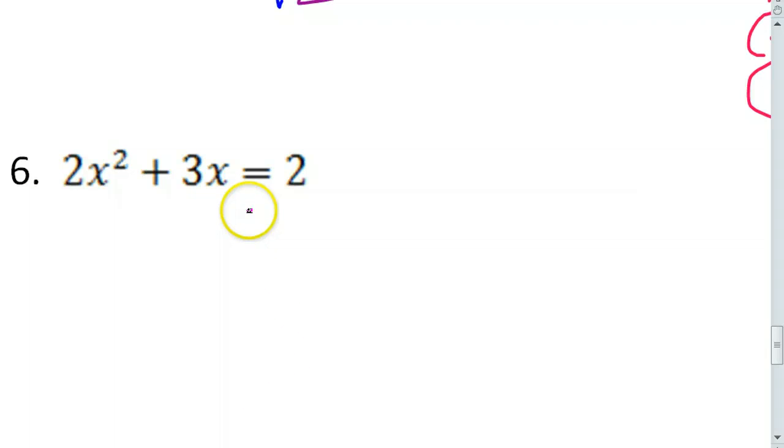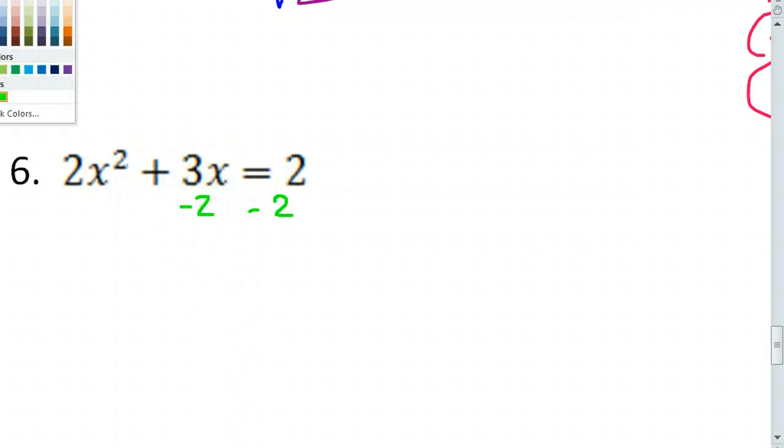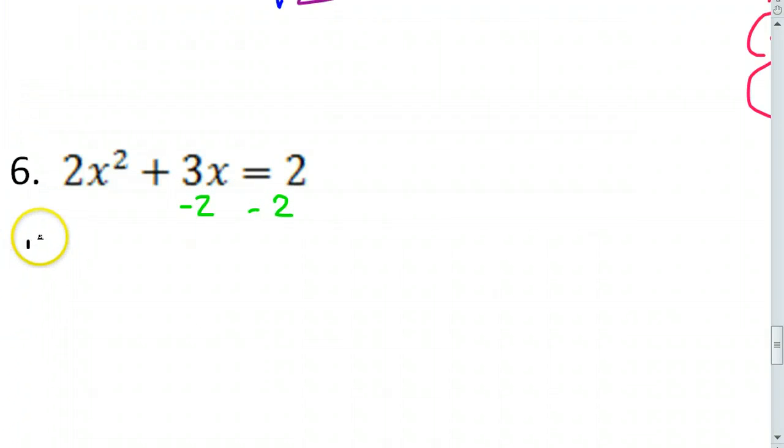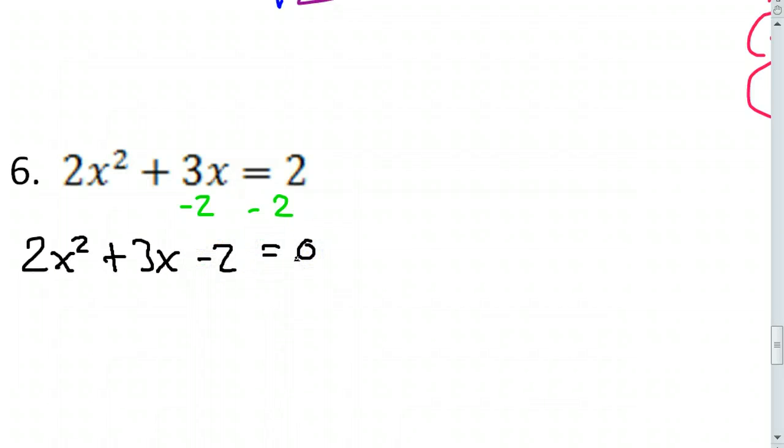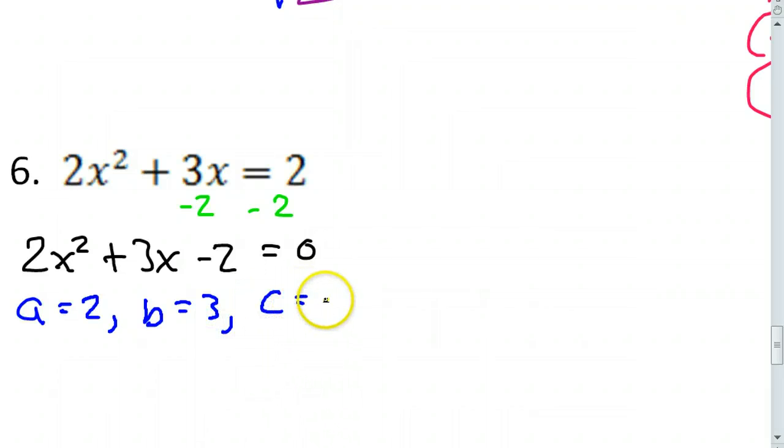I need 0 on one side, so I'm going to subtract 2 from both sides. So that's going to give me 2x squared plus 3x minus 2 equals 0. Okay, so that tells me that a is 2, b is 3, and c is negative 2.